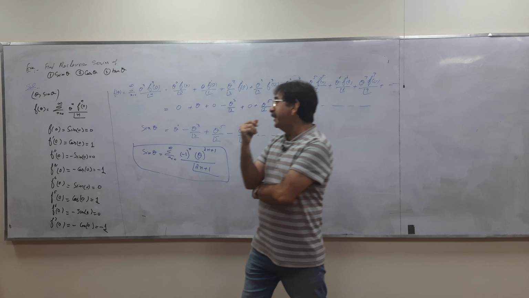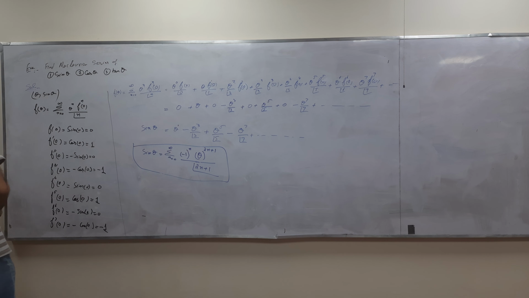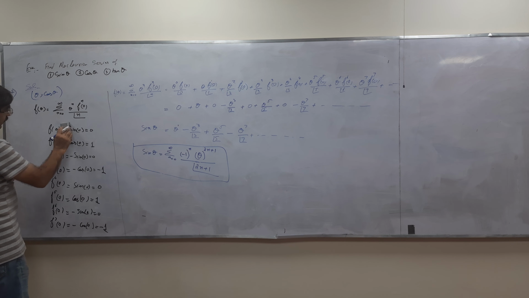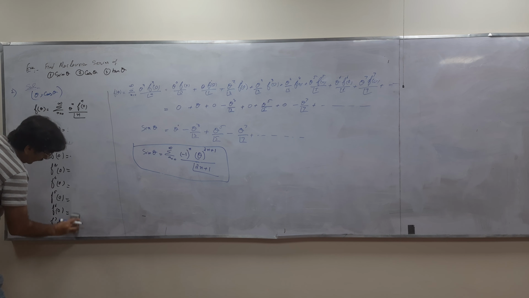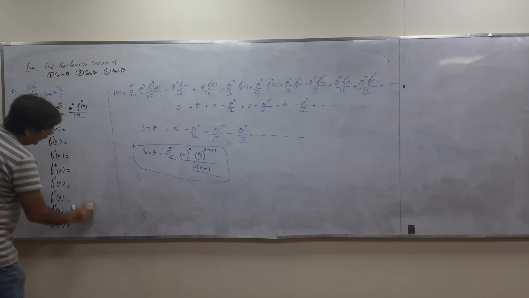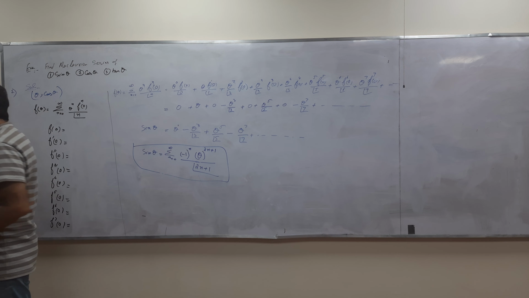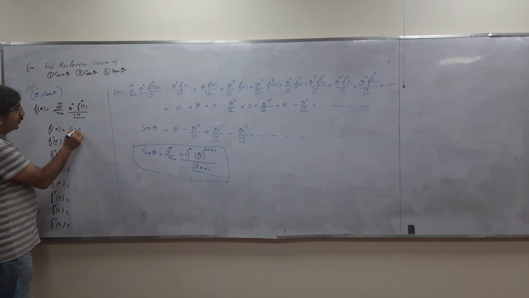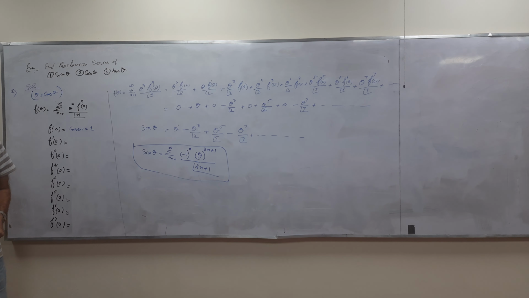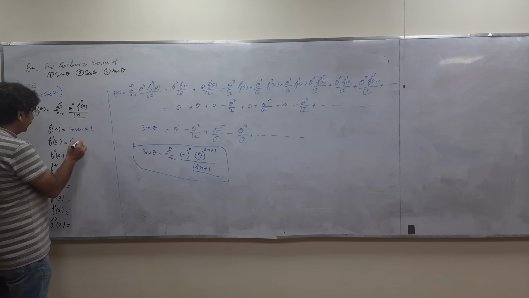Okay. So in the case of the second exercise, that is theta cos theta. For the case of cos theta, what will be the answer? That will be cos 0. Cos 0 is 1. Derivative of cos is minus sine.